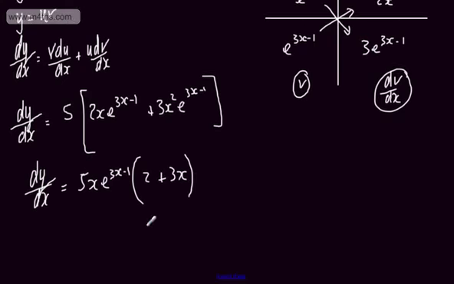So if we were asked where this was stationary, so we can write just here, so for SP, if we just had an unrestricted domain in this particular case, we could say now for stationary points dy by dx would be equal to 0. Therefore, what we would have now is that x would be equal to 0.